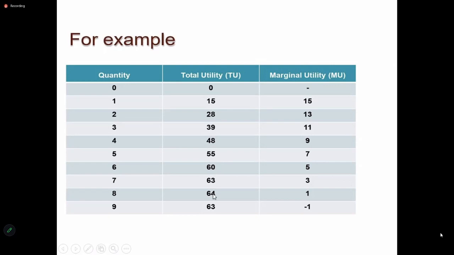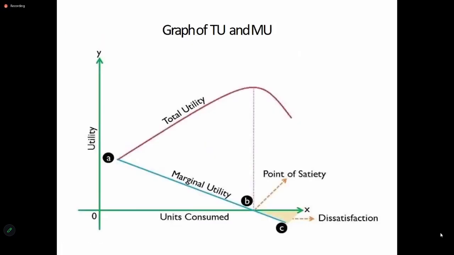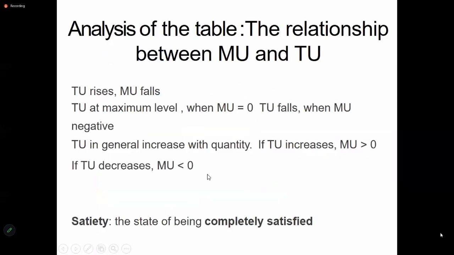Gradually increasing and decreasing somewhere. So here it explains very carefully: when total utility rises, marginal utility is decreasing, but one point comes when total utility starts decreasing. At that time, marginal utility becomes negative because of dissatisfaction. This point is called the point of stationary. I think you remember this word as well.